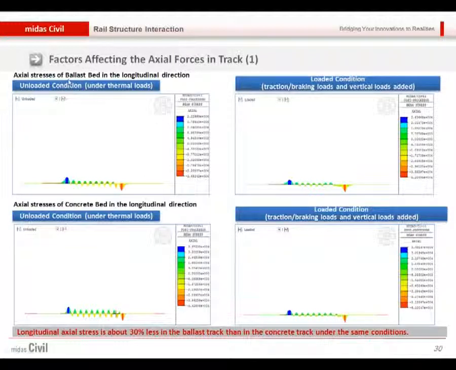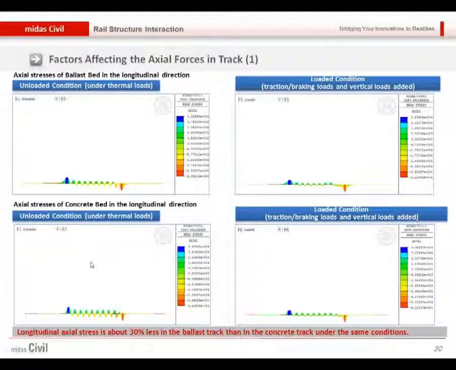And this above one is for the ballast bed and the other one is for the concrete bed. Since the concrete bed is stiffer, its stiffness is different. And if we compare the results between the ballast bed and concrete bed, we can see about 30% difference.